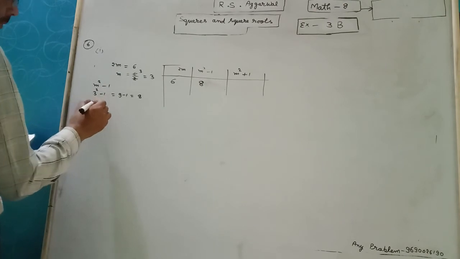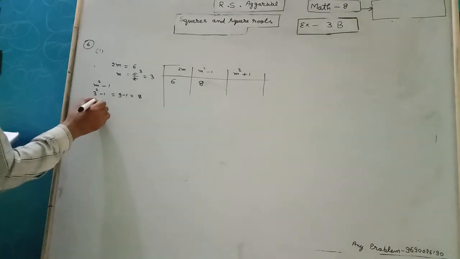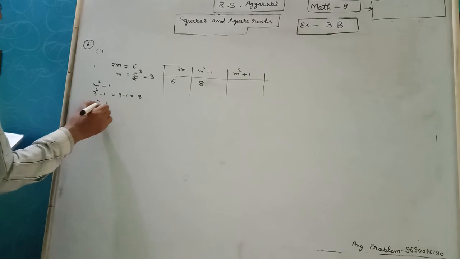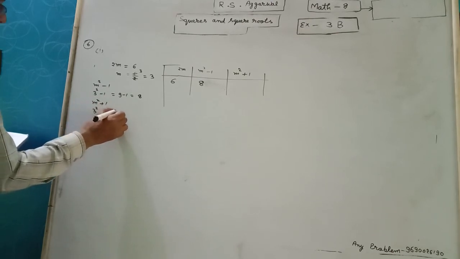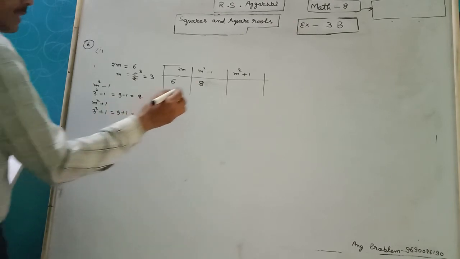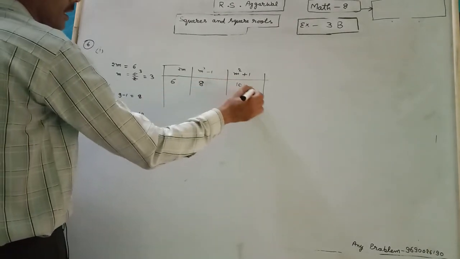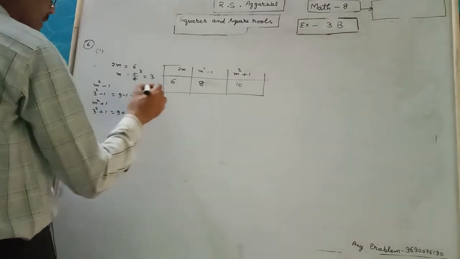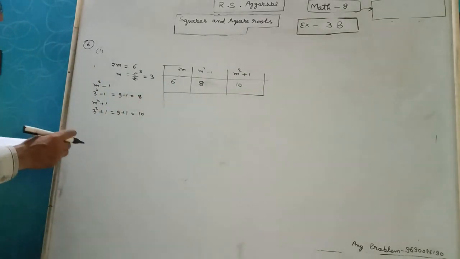Third column is m square plus 1. M value is 3, 3 square plus 1, 9 plus 1 is equal to 10.